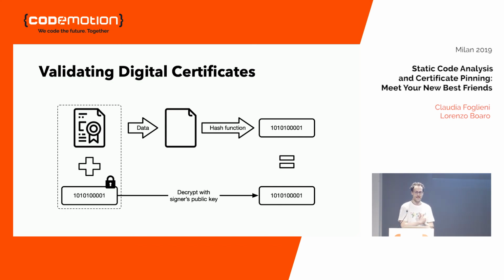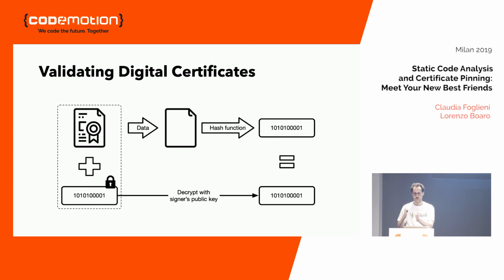When you validate a digital certificate, the digital signature validation is performed the other way around compared to creating the digital signature. So I have the certificate, I have my digital signature, I extract the data from the certificate, and I pass the data through a hashing function.